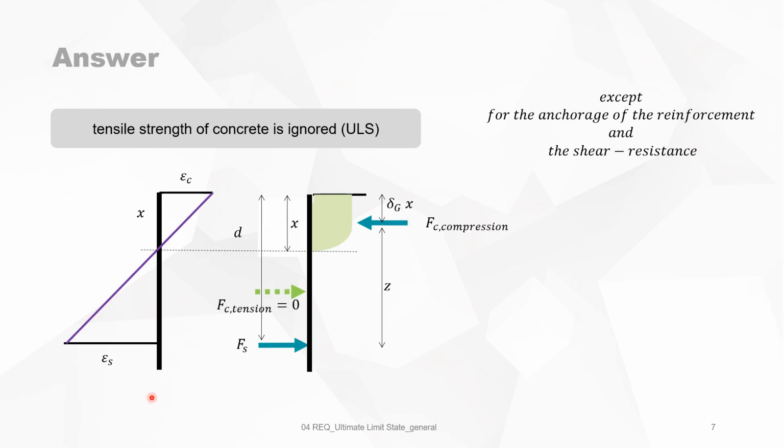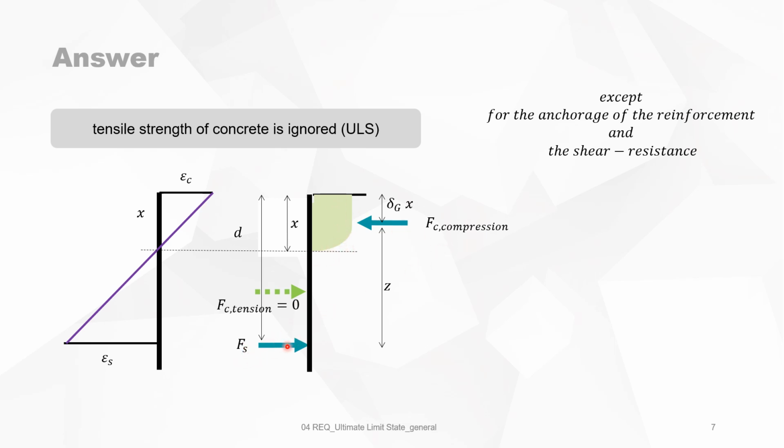We have the strain diagram with a load, and on top we have the compression strain, and at the bottom the tension strain in the reinforcement. We bring this to stresses. Then we see the green is the compressive concrete stress.